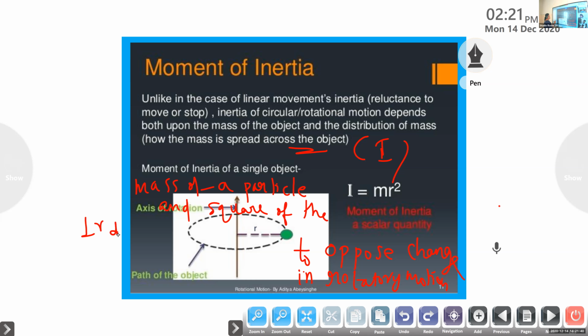Square of the perpendicular distance between the particle and the axis of rotation, or otherwise the perpendicular distance from the axis of rotation.